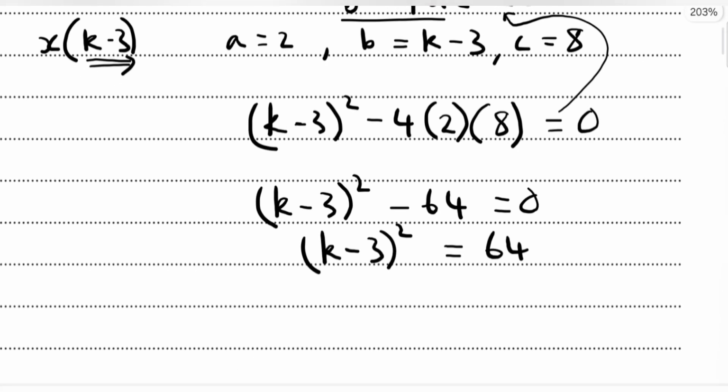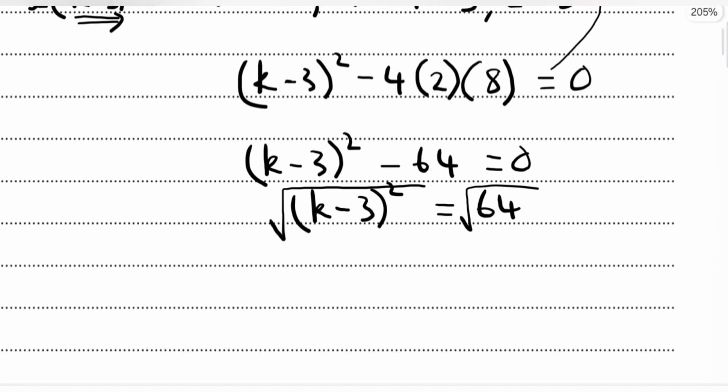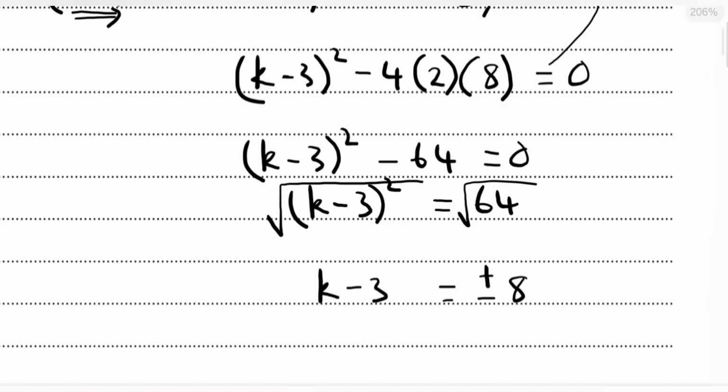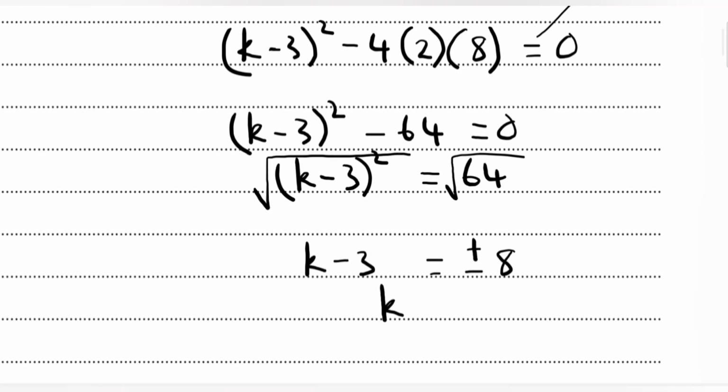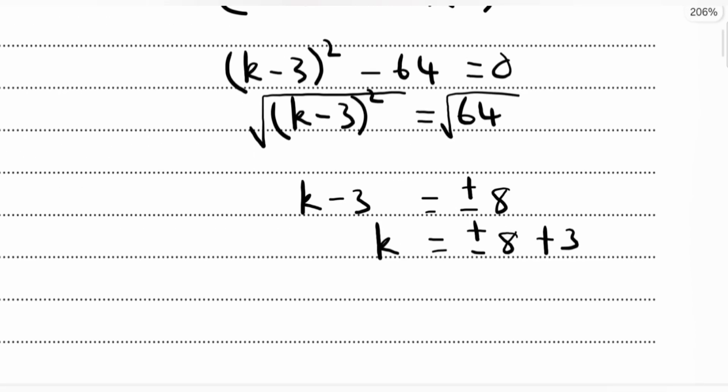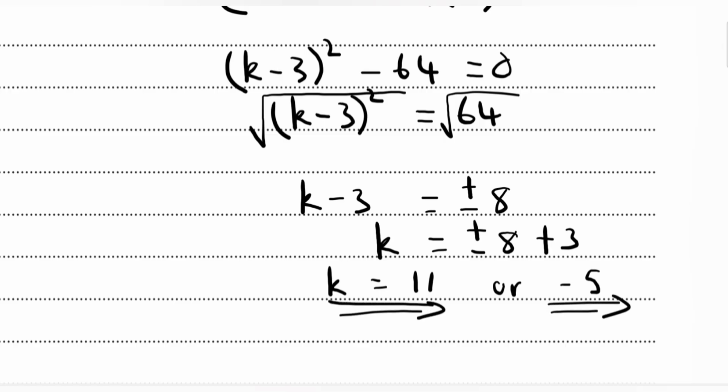And at this point, we introduce square root to both sides, and this will give us k minus 3 being equal to plus or minus 8, right? And taking the 3 to that side, it will be k equal to plus or minus 8 plus 3. So our two values of k will be 8 plus 3, which is 11, or minus 8 plus 3, which is minus 5. And these are our critical values, right?